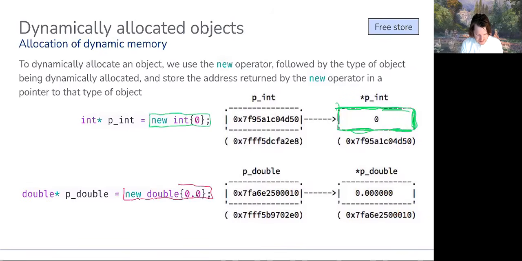And this brace notation here will not allow you to have any sort of narrowing conversion, so make sure that you're using a suitable initializer, in this case, 0.0. So this whole statement here, rectangled in red, is going to give us a double object on the free store whose starting value is going to be 0.0.